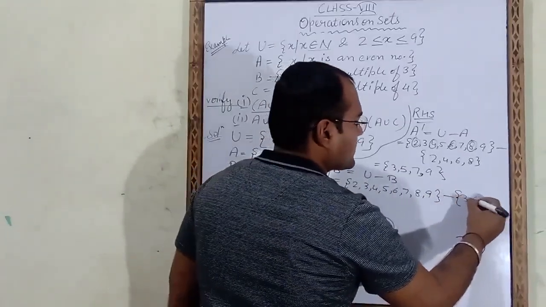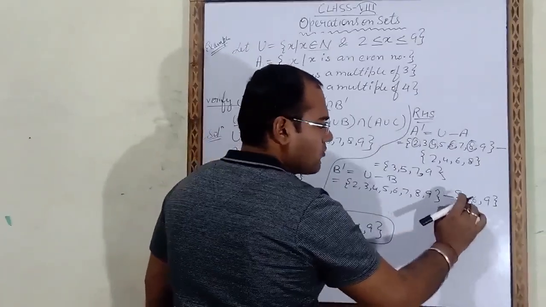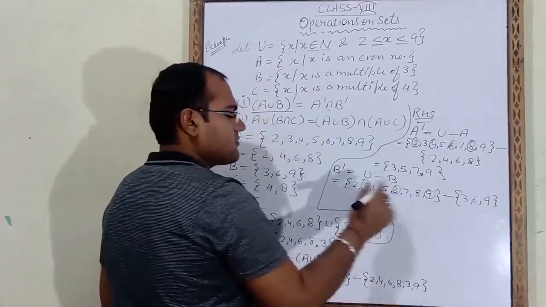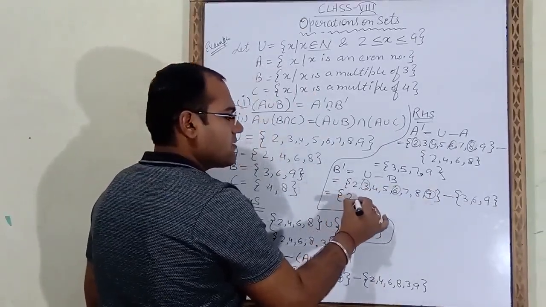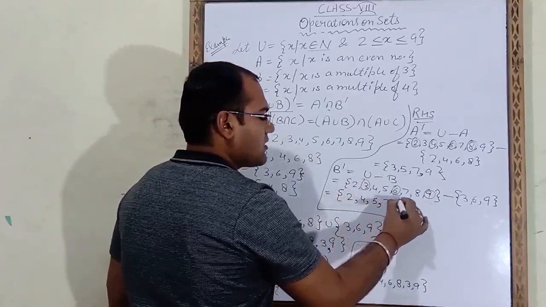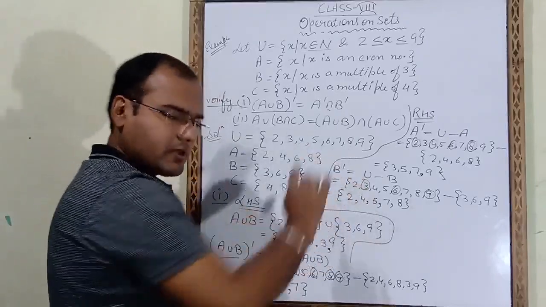That means out of these we have to remove 3, 6 and 9. These 3 elements we will remove. So what are the remaining elements? 2, 4, 5, 7, 8. So this is the answer of B complement.